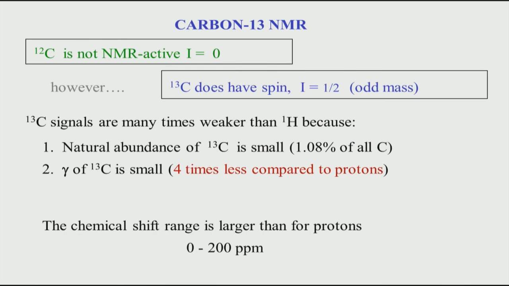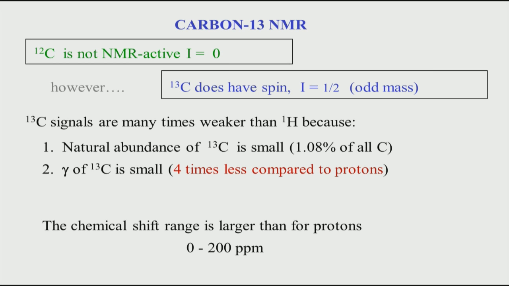So let us start with this: we know that carbon 12 is not NMR active, and that is very clear because it has even atomic number and even atomic mass. So when you combine the spins in the nucleus, they basically pair up and the net spin of carbon 12 is 0.